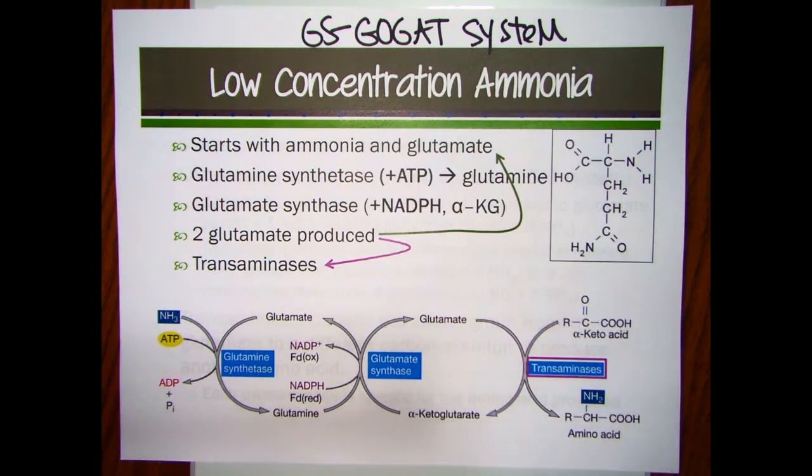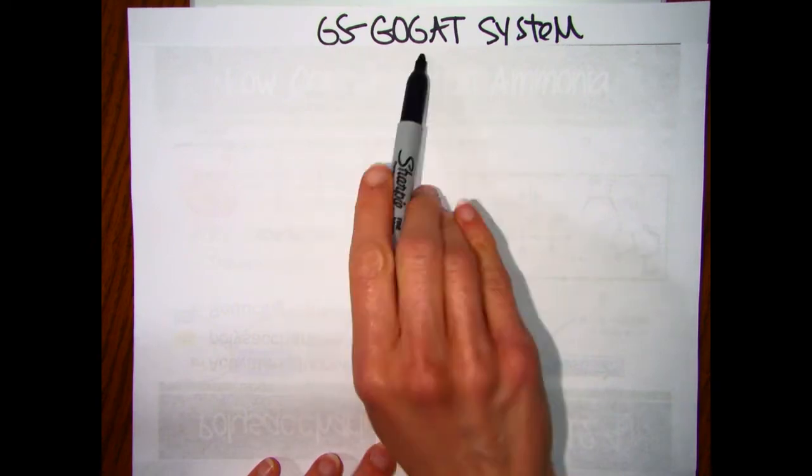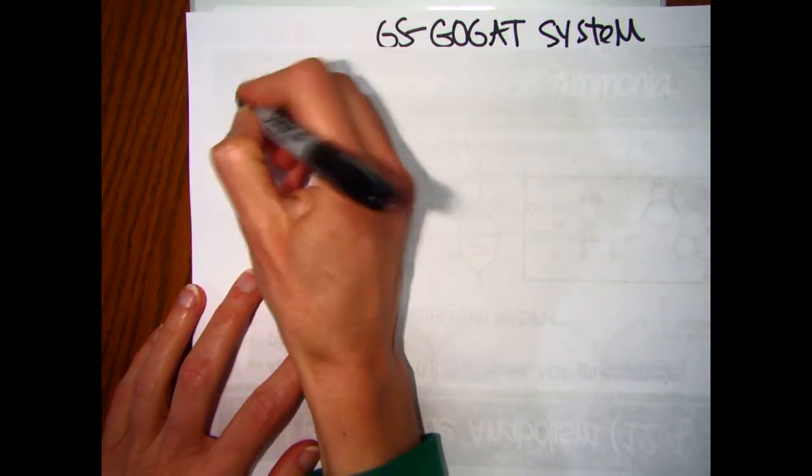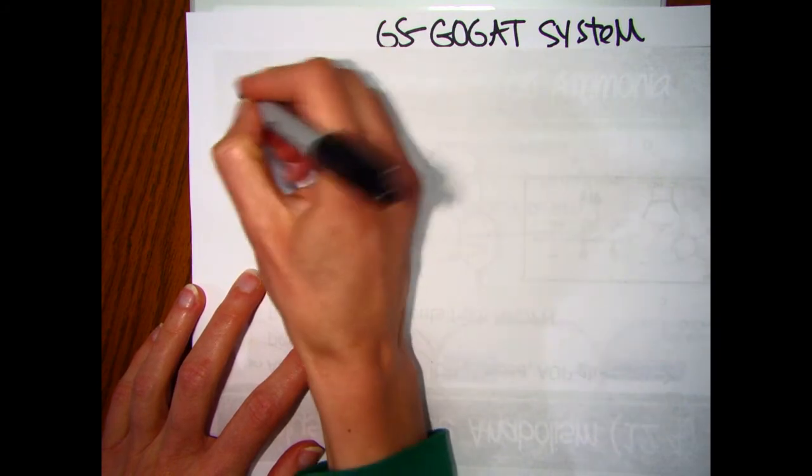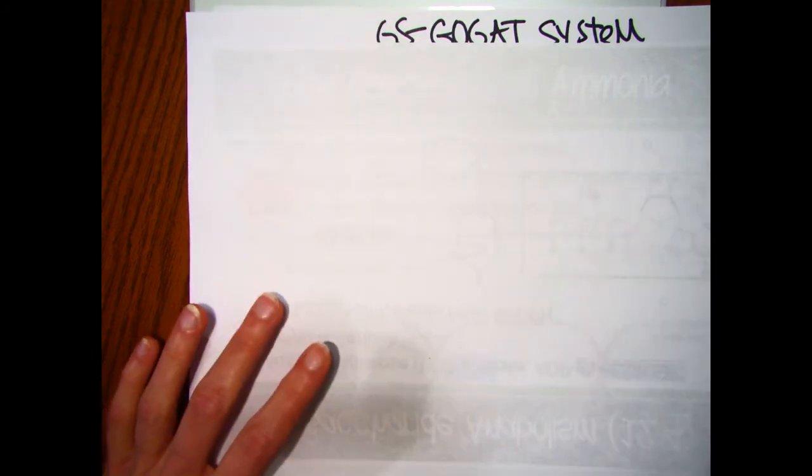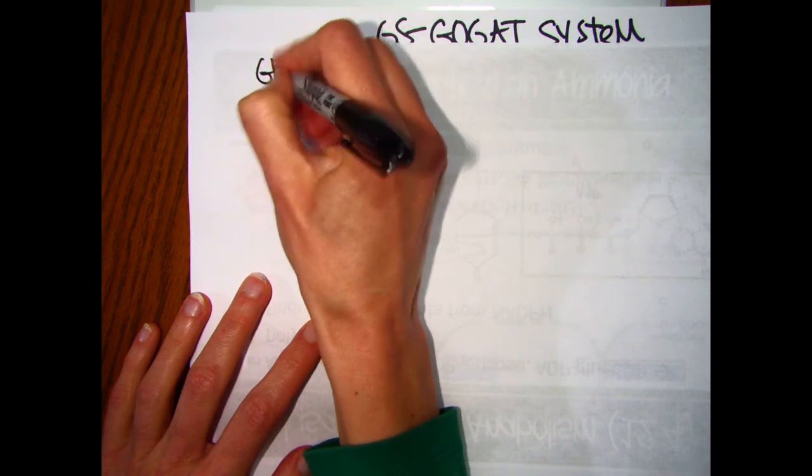Okay, so just like the last one, I'm kind of confused by these diagrams, so I'm just going to write it out for you. So this is a two-step system. The GS-GOGAT is referring to the two steps, so step 1, step 2. So in the first step, we actually start with glutamate.